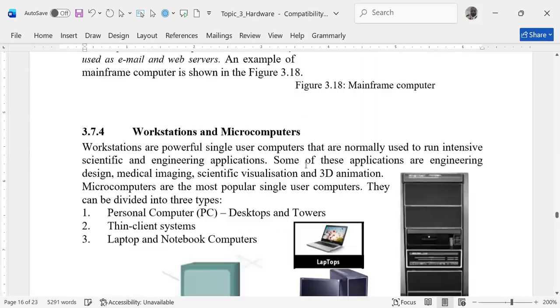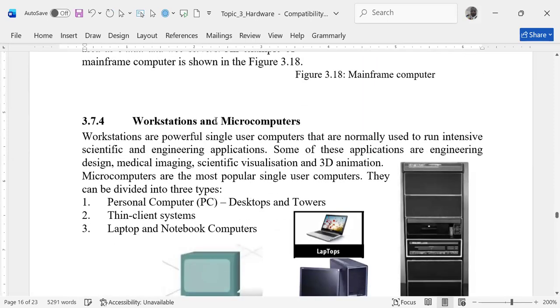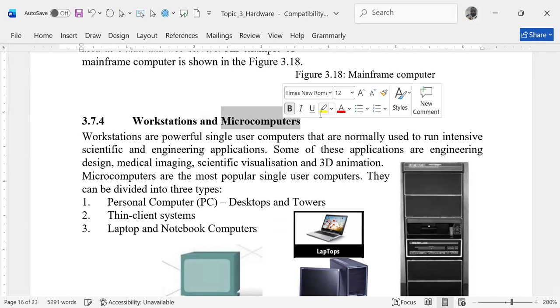The next is microcomputers. Though I classify them as workstations and microcomputers, today the broader or popular name is microcomputers. Workstation means a networking computer system where individuals are connected. Some computers in those days were developed or manufactured purposely for networking.